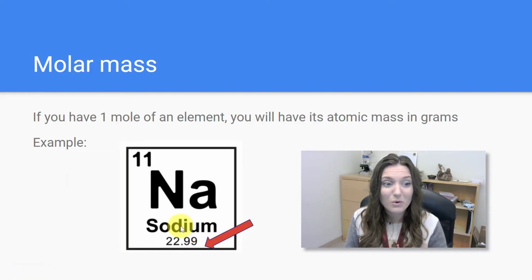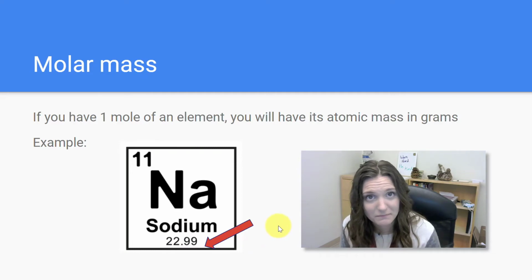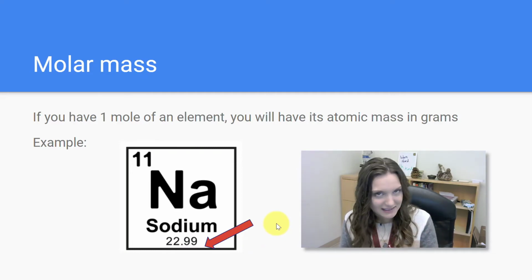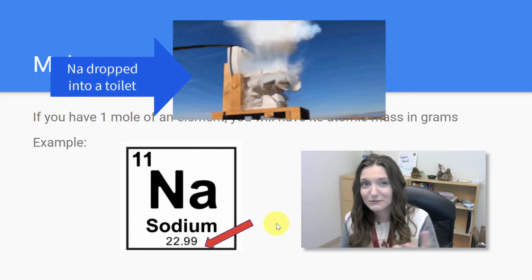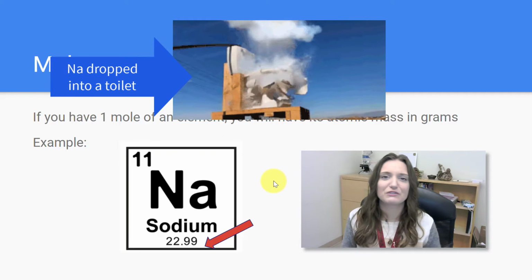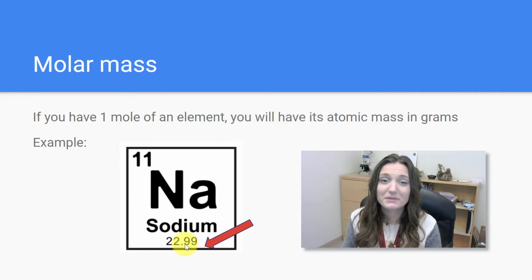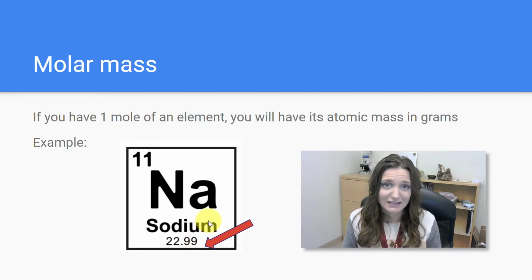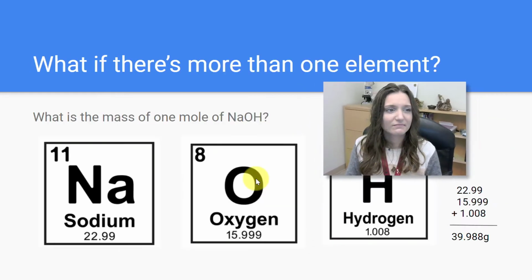So if we have a mole of sodium, we will have 22.99 grams of sodium. Probably won't ever see a mole of pure sodium because it's highly reactive with oxygen and water, and it basically explodes when it comes in contact with them, but just for example purposes. With a mole of sodium, we have 22.99 grams, and that means we have 6.022 times 10 to the 23rd atoms of sodium. That's all.